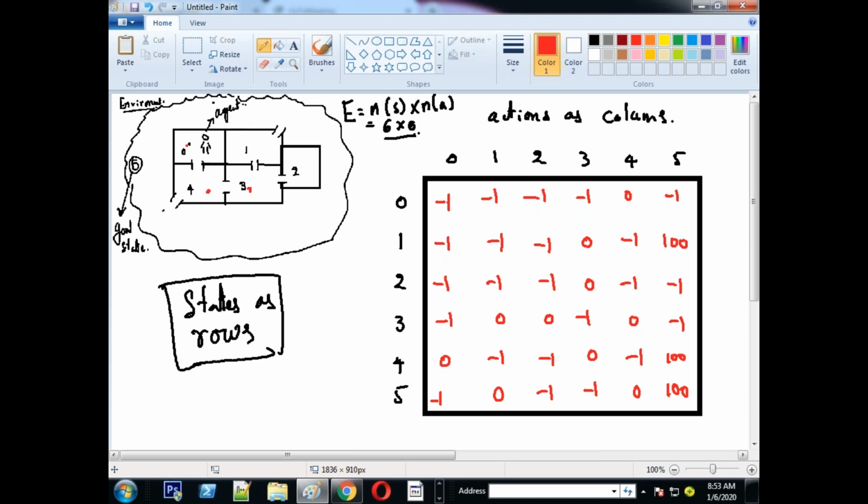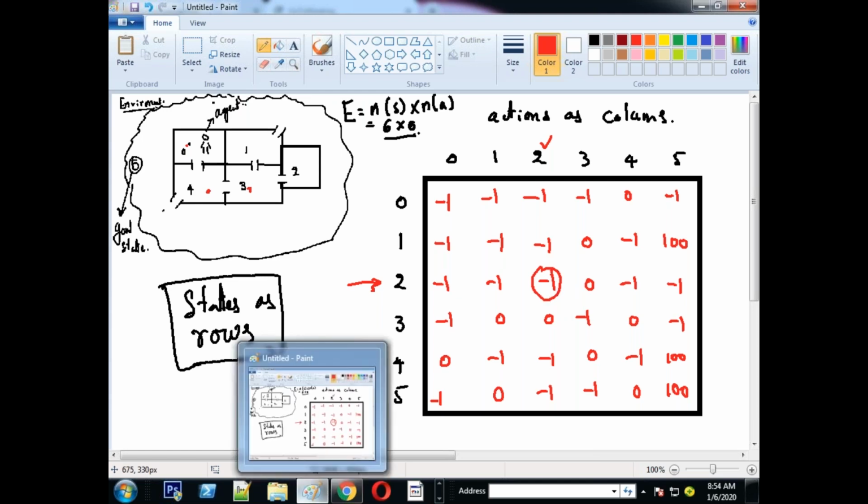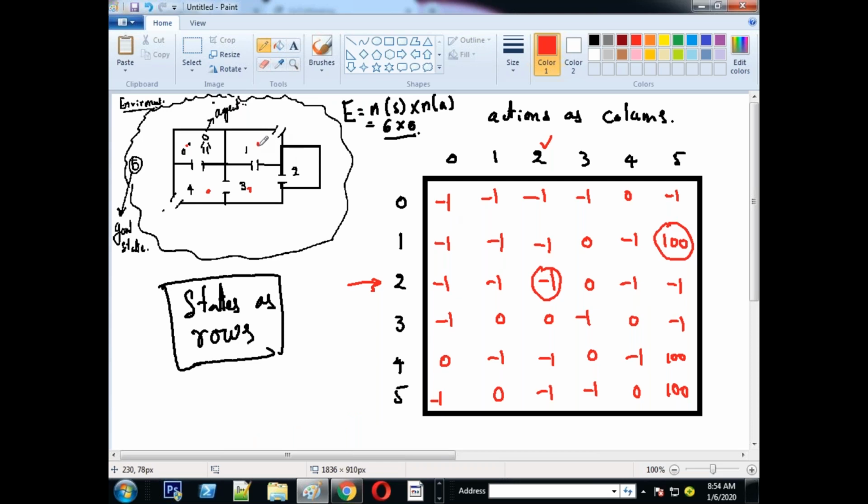What is our comment on this value? If I am in number 2, and still I am at 2 only, then my action is a bad action. That's why negative reward. Understand? Look at this value. I'm in room number 1. If you ask me to go to number 5 and I jump directly to 5, that is a very good action. That's why 100 is the reward.